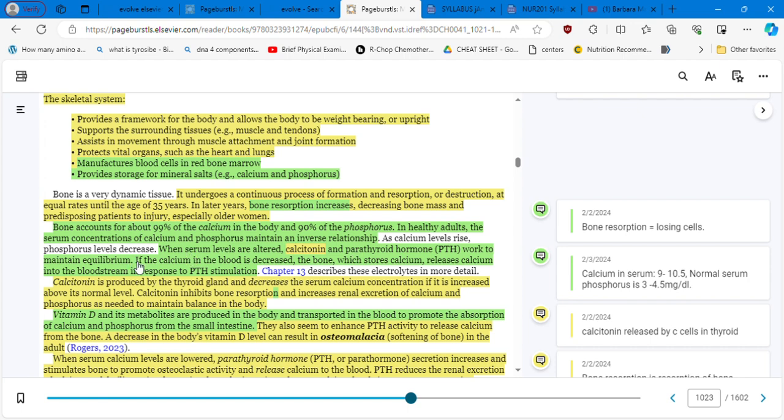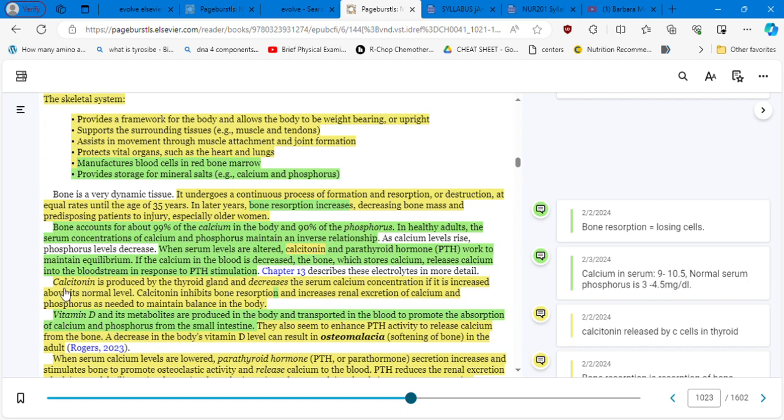If the calcium in the blood is decreased, the bone, which is our savings account of calcium and phosphorus, releases calcium into the bloodstream in response to PTH stimulation. So if the calcium is low, PTH is going to make the bone release calcium.